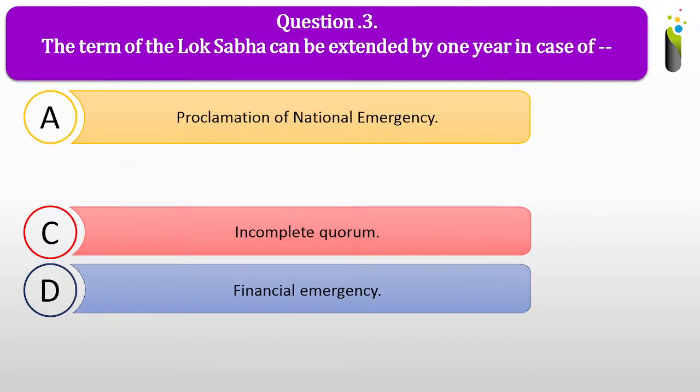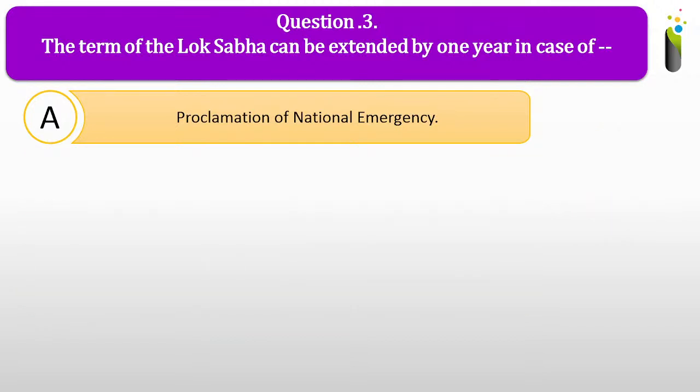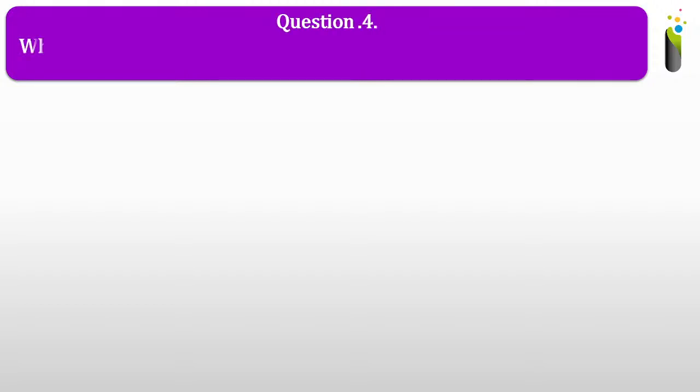And the correct answer for this question is A. Proclamation of national emergency. The term of the Lok Sabha can be extended by 1 year in case of proclamation of national emergency.